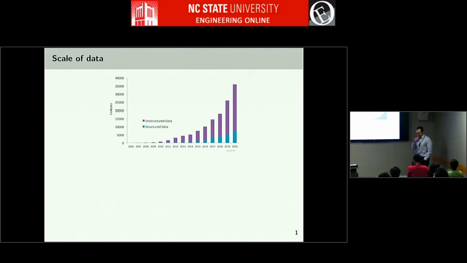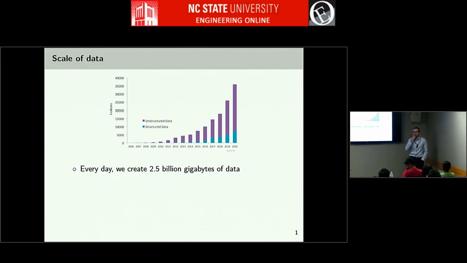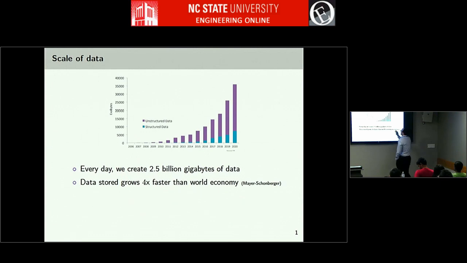So one problem we have is, as all of you know, the scale of data. We have this exponential increase in the amount of data we have. Every day we create something like 2.5 billion gigabytes of it. And in fact, stored data grows faster than the world economy.